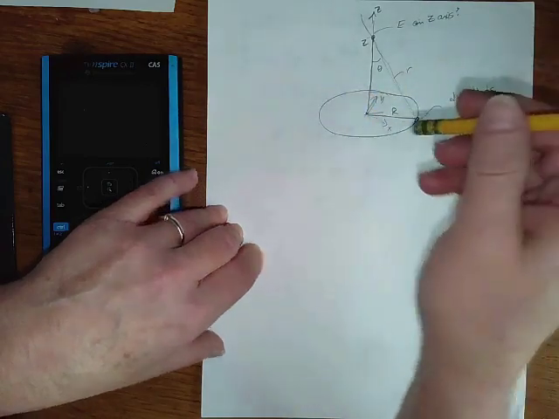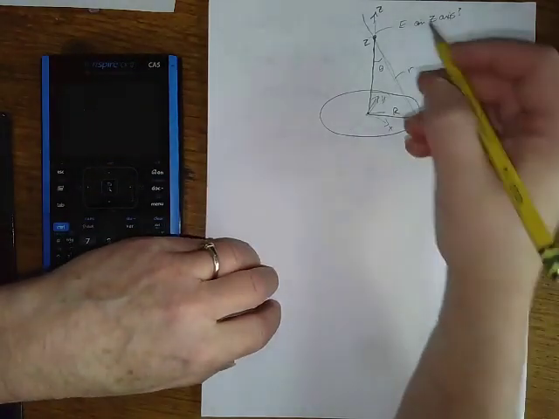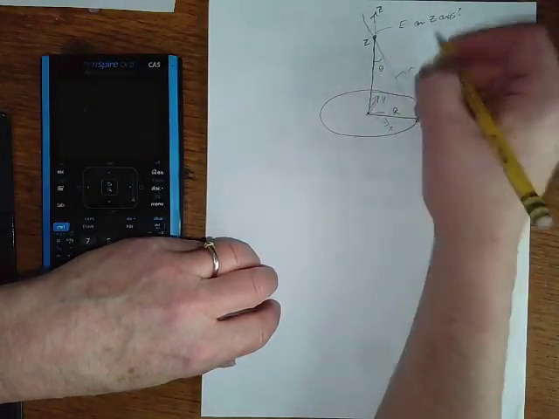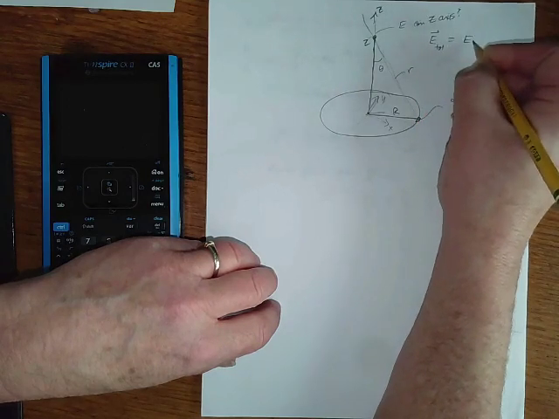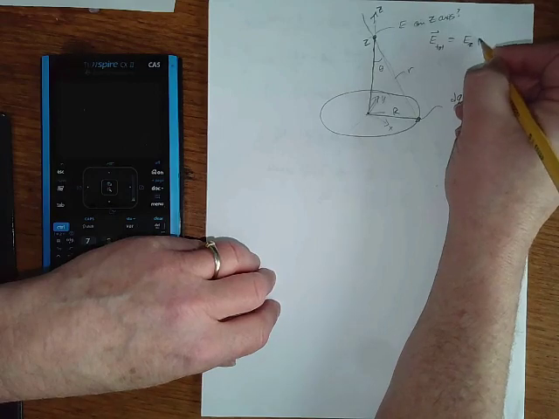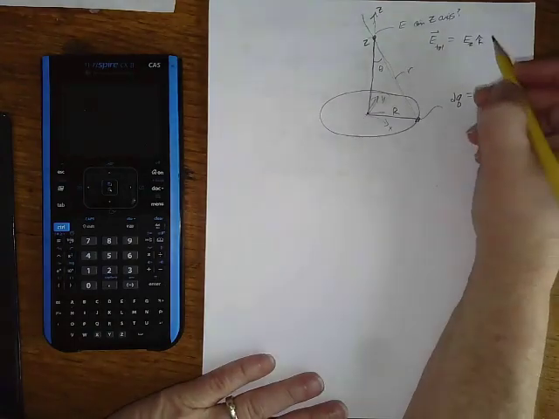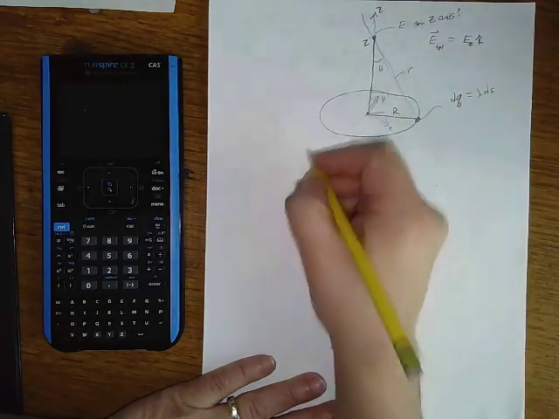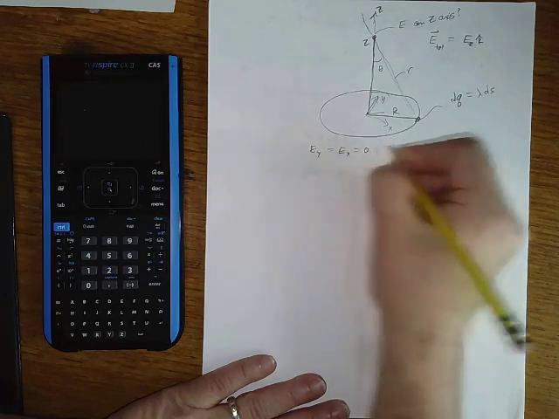So those sideways components are going to cancel out, just like we saw from the previous one. And so the only part of E, so E total, is just going to be E_z times k hat, because E_y and E_x equal 0 by symmetry.